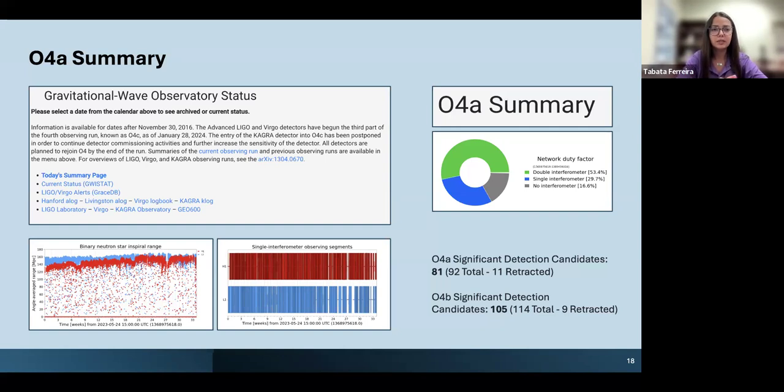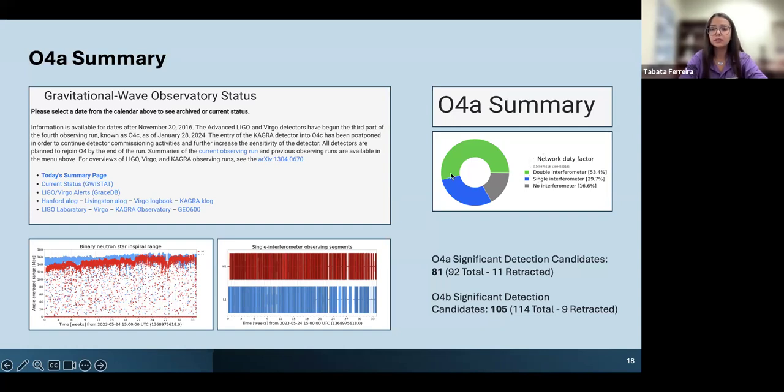There is also a public summary page you can access here. From there, you can get information about the gravitational wave observatory status. You can get, for example, a summary like that from O4a, which gives the BNS range for each detector, and observing segments for each detector.